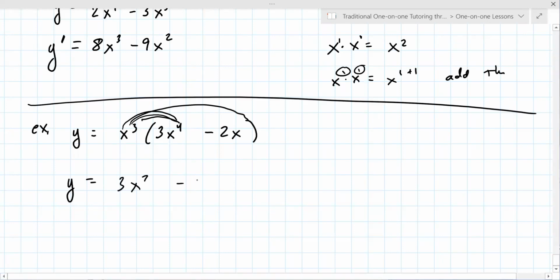Okay, I did all of it. Okay, so your derivative is 21x to the sixth minus 8x cubed.